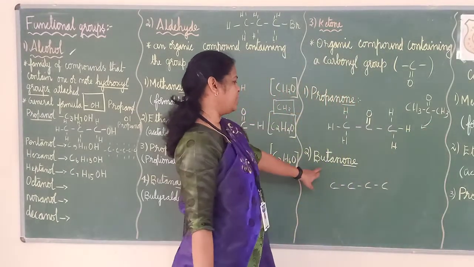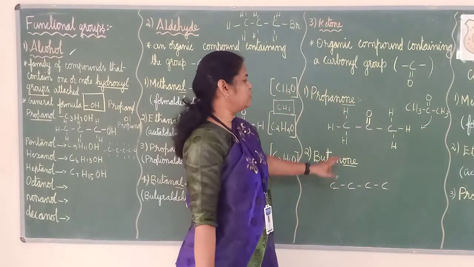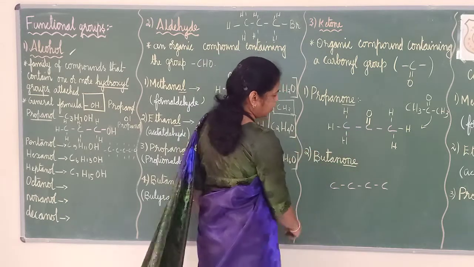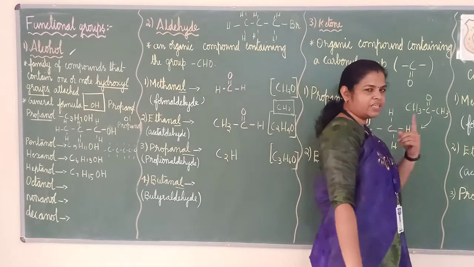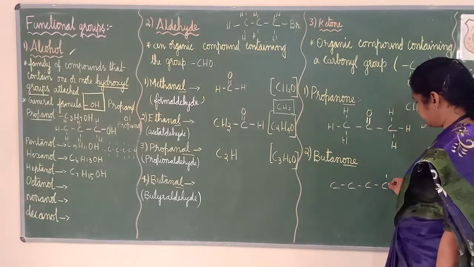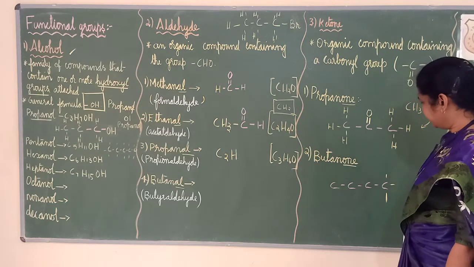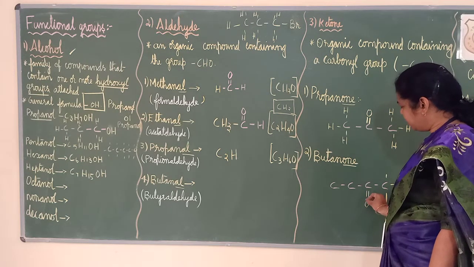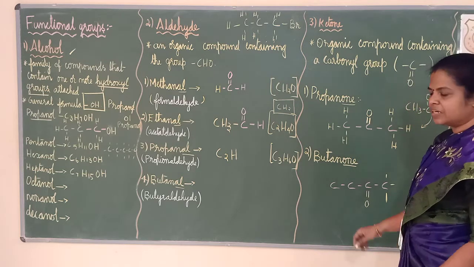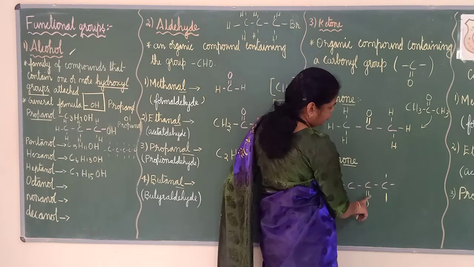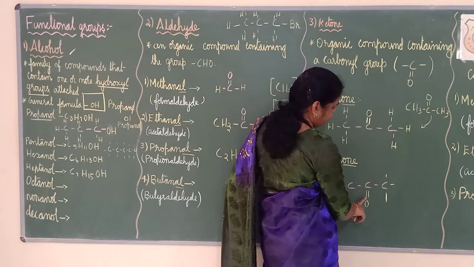Same way we will write for butanone. Now, 3 carbons you had, so in the middle you put a double bond. For 4 carbons, what will you do? Think, for 4 carbons what can be done? Yes, you are right. For 3 we will put like this, and in the second one we will put one double bond O. Or in the third one we can put, see, for example, if I have put 2 here, 1, 2, 3, 4 over.